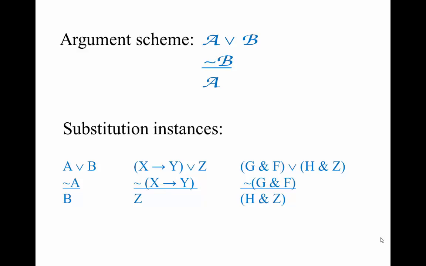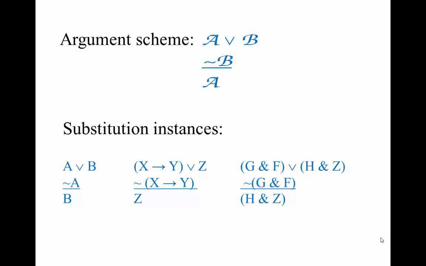So for the left one, we just substituted A for A, B for B. For the center one, we substituted a longer sentence for A, X implies Y, and then Z for B. The next sentence after that becomes even more complicated, but they're all basically the same. They are all substitution instances of the same argument scheme.